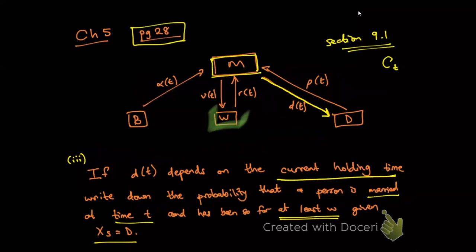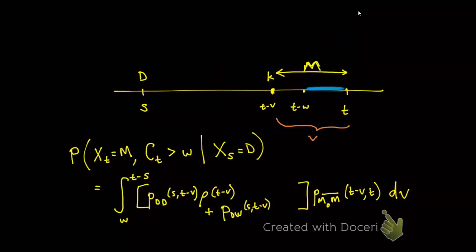After landing here, we want to transition to married, which is the R, probably for remarried. So we go back here and we say it's this probability multiplied by R of T minus V. And that gives us our full expression.